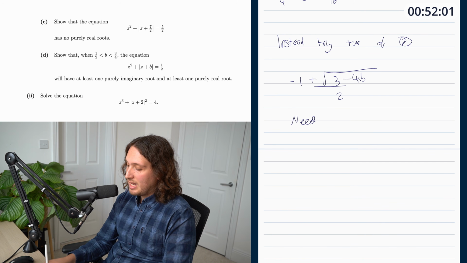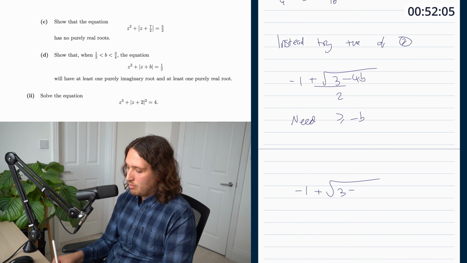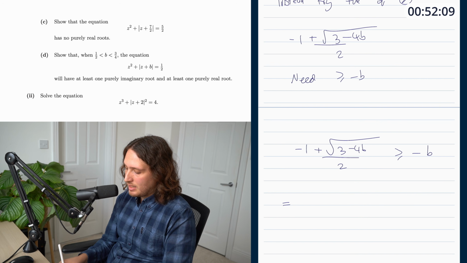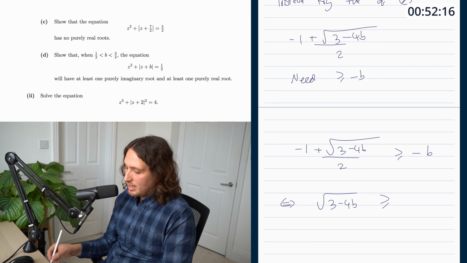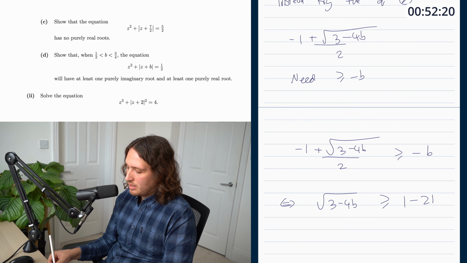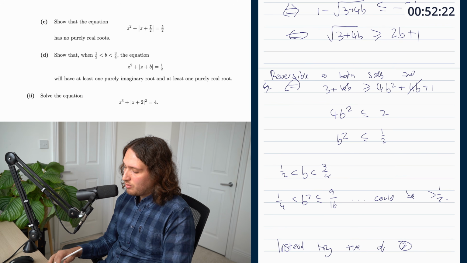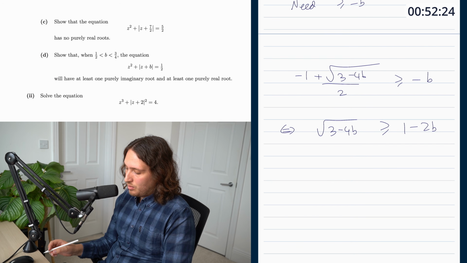And I need this to be at least minus b. Well, minus 1 plus square root 3 minus 4b over 2, at least minus b, is equivalent to square root 3 minus 4b being at least 1 minus 2b. Did I remember my 2 before? Yes, I did.